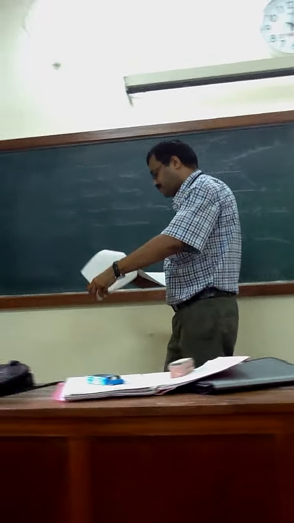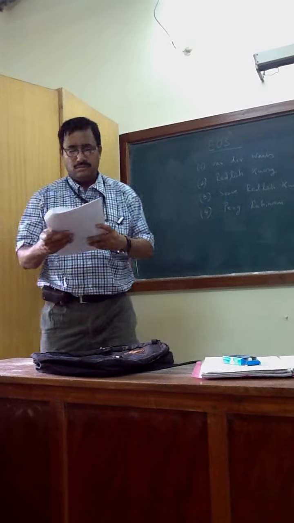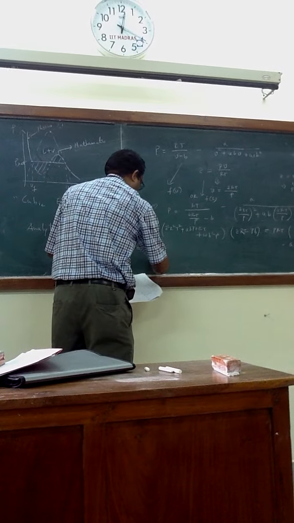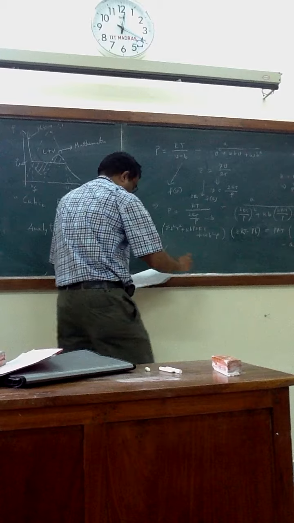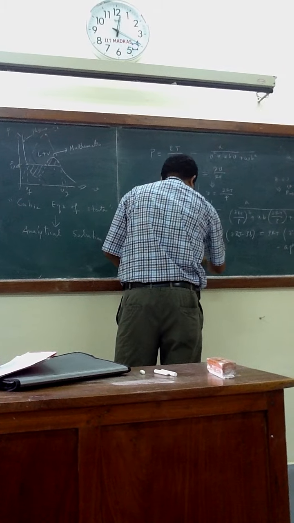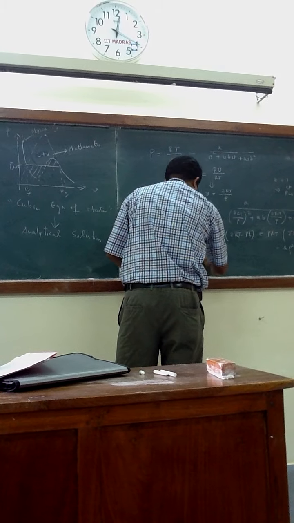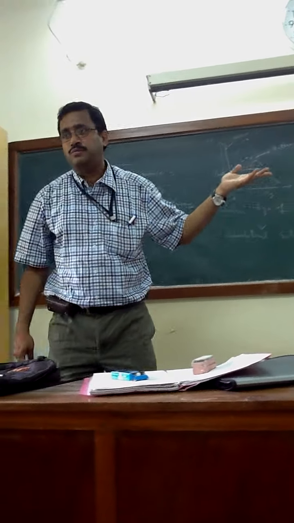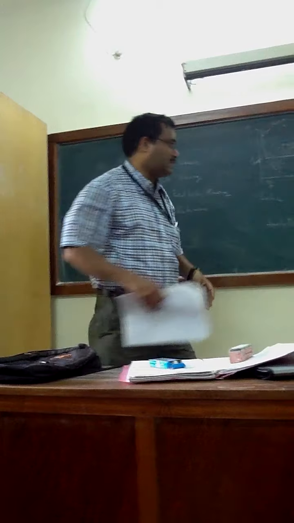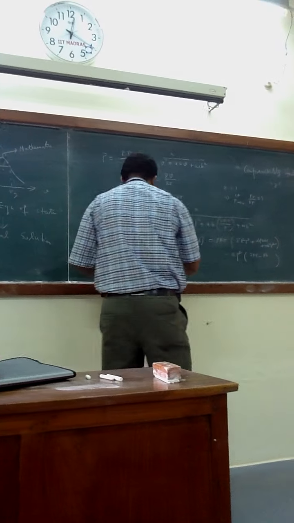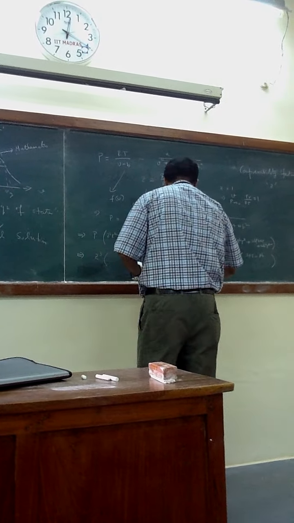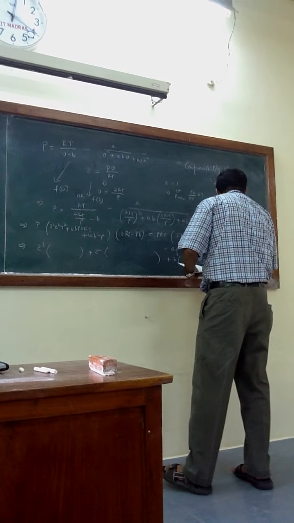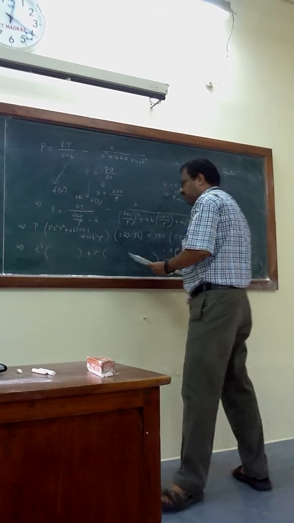Now we get a polynomial of Z. We can see the highest power is Z cube. Highest power is 3. So Z cube, Z square, plus Z, plus some constant term equals 0.